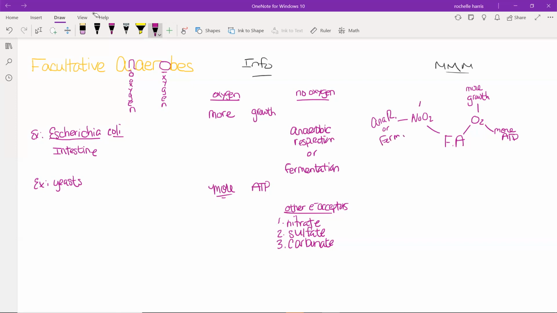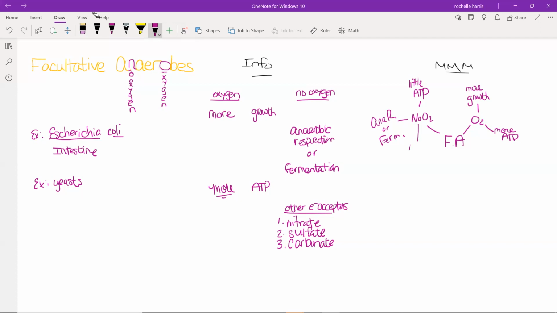And very little ATP being produced. When oxygen is not present, we also see other electron acceptors.